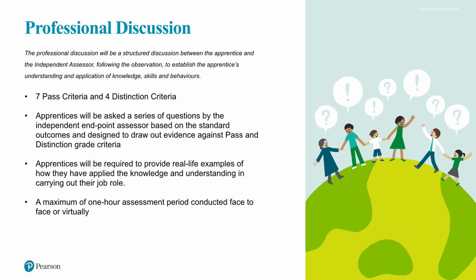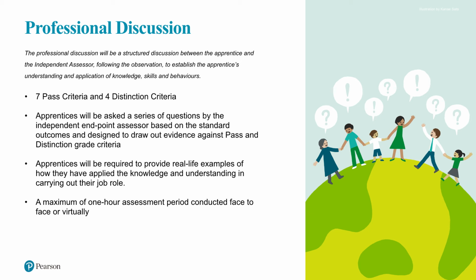So moving on to the final element of endpoint assessment, the professional discussion. The professional discussion is a structured discussion between the apprentice and the endpoint assessor following the observation. And the key words there are a structured discussion. What we're familiar with in a professional discussion is a discussion which is in most cases led by the apprentice.